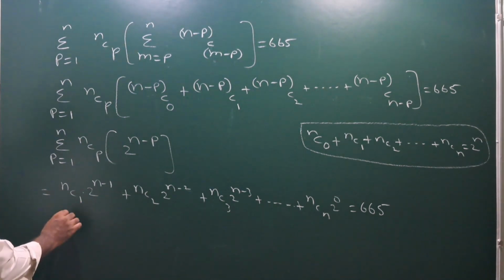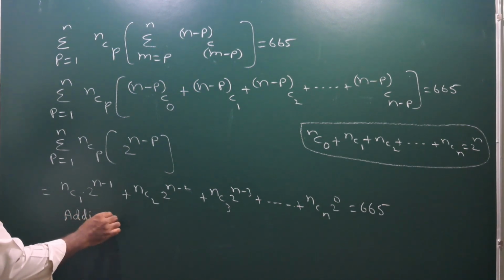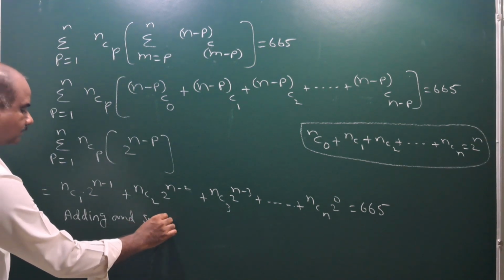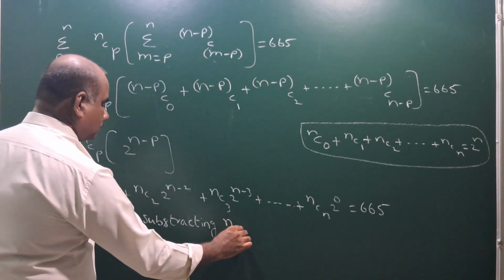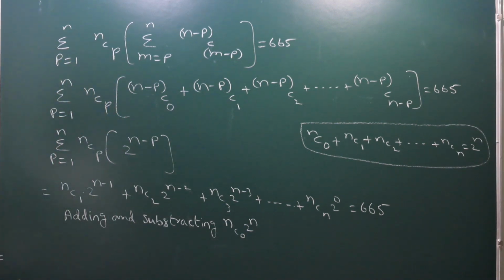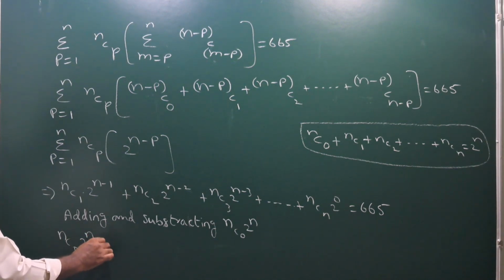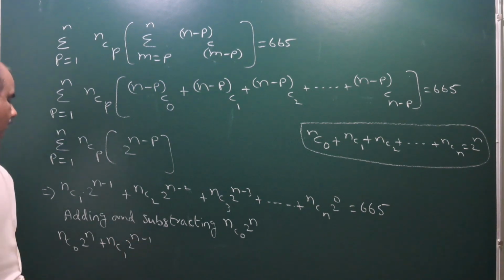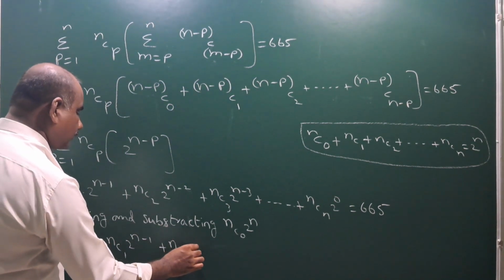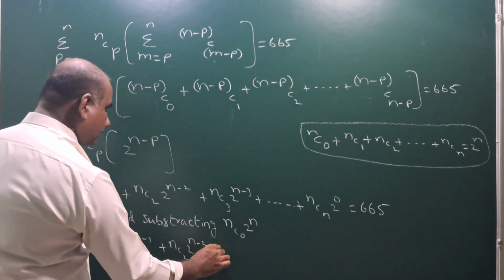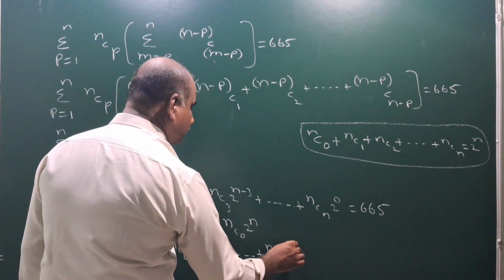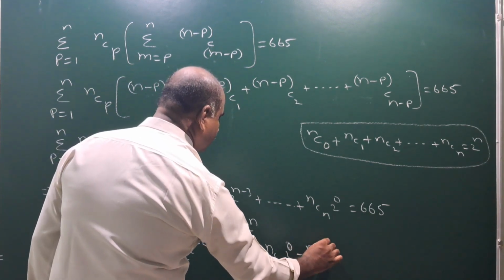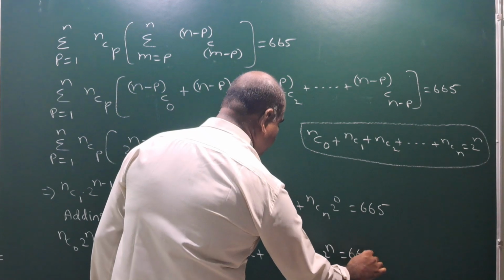So adding and subtracting NC0 2 power n on LHS, we get NC0 2 power n, next NC1 2 power n minus 1, next NC2 2 power n minus 2, plus and so on, NCN 2 power 0, minus NC0 2 power n, which is equal to 665.